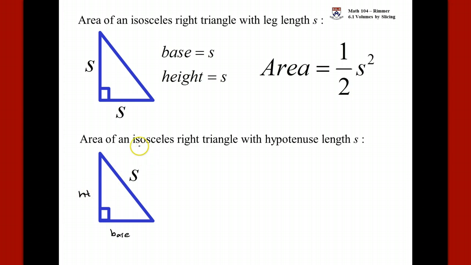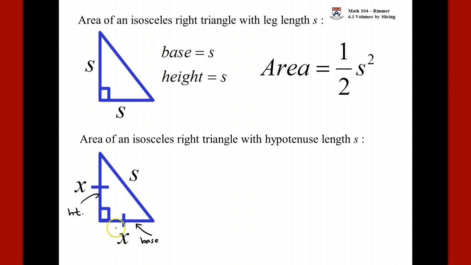But we know they're the same. It's isosceles, so we know they're the same. So let's first just call them x. They're both x. This guy being your base, and this guy being your height. We do 1/2 the base times the height.